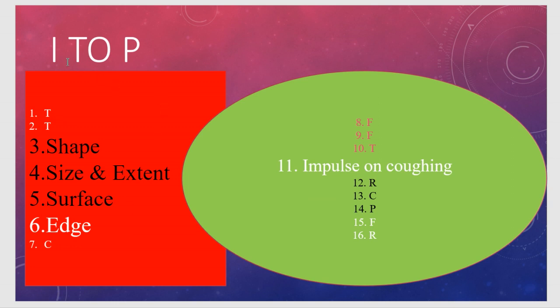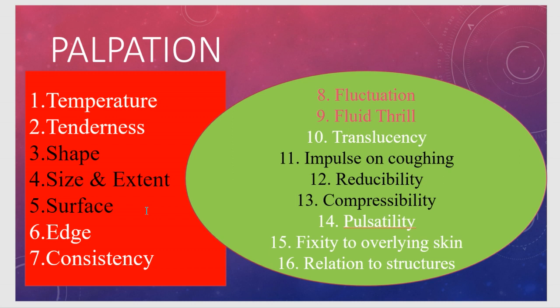During the transition from inspection to palpation, these 5 things are common: the shape, size and extent, surface, edge and impulse on coughing. And for the rest of the things, I have written here the initials. And finally, what are we supposed to have? We are supposed to have this one, the palpation.